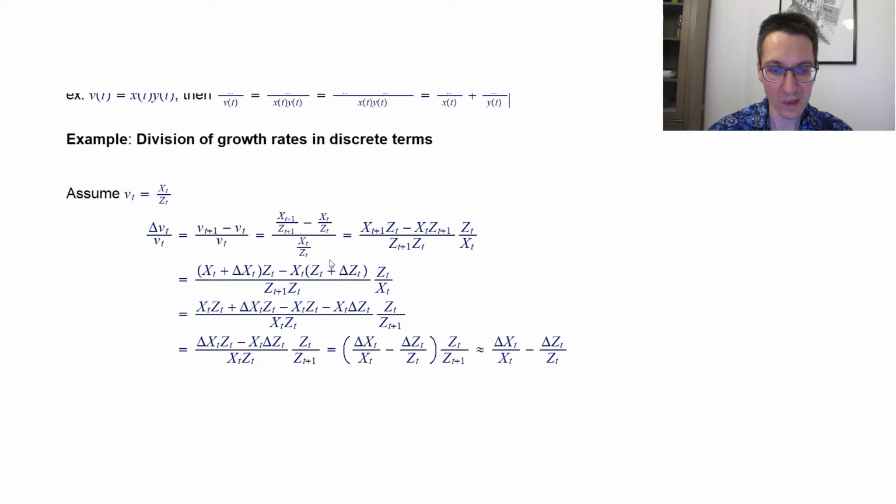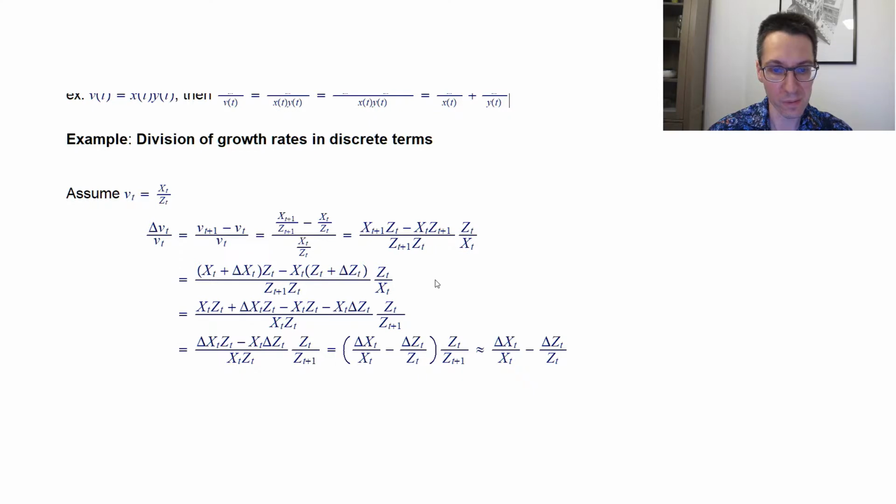And now I'm going to put terms together. First of all, I multiply by Z_{t+1} divided by Z_{t+1}, and Z_t by Z_t divided by Z_t, so I get this expression here. And here I'm just going to multiply by the inverse of this, so Z_t over X_t.